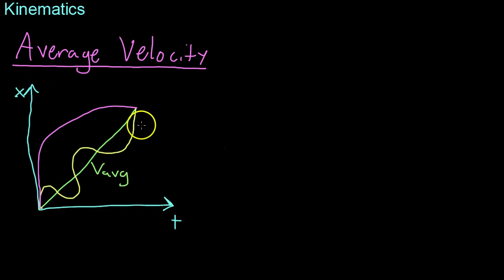And one last note on average velocity, you'll often be given a position, x, versus time plot with some sort of path. In this case, you have this purple path curving gradually and this erratic orange path.